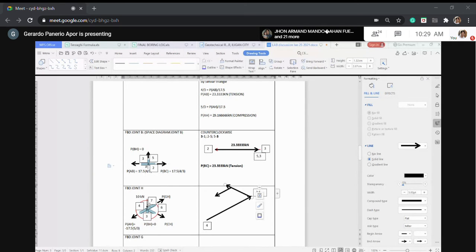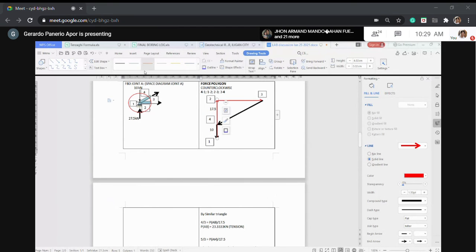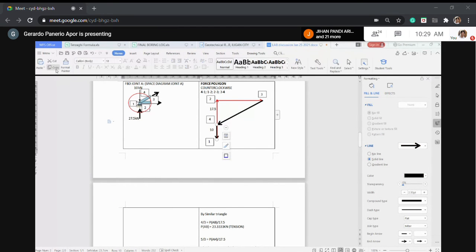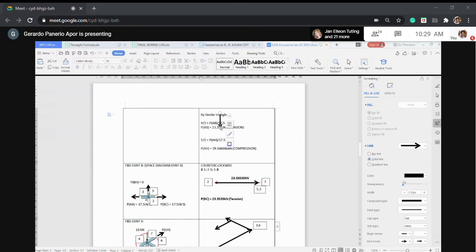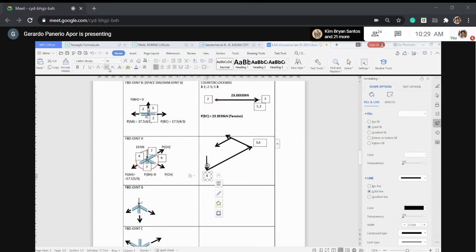You know this one, 7 to 4 is 10, so you are going to copy this. This is 10. Not that one, 10. Copy, paste. So that's 7 to 4, so 7 must be here. 7 must be here. So the name of that line is 7 to 4. So I will just establish that. Copy, paste.